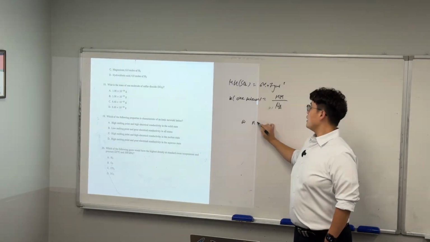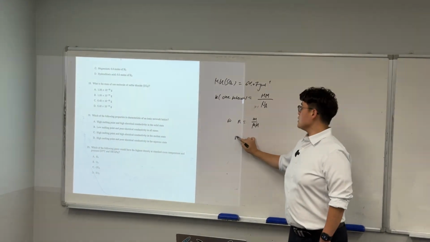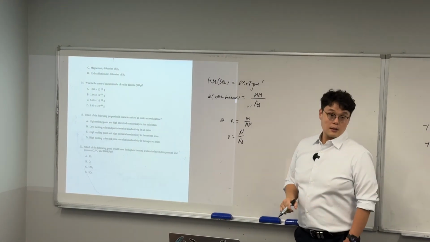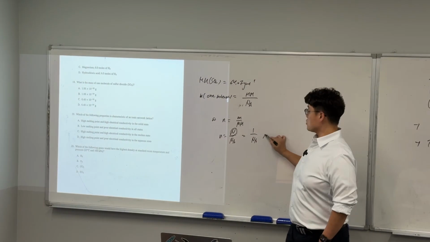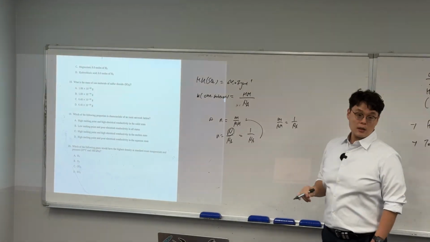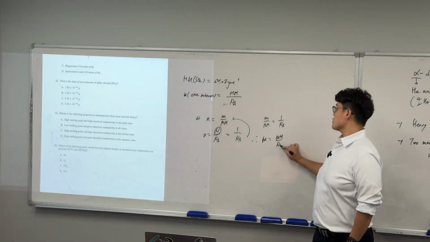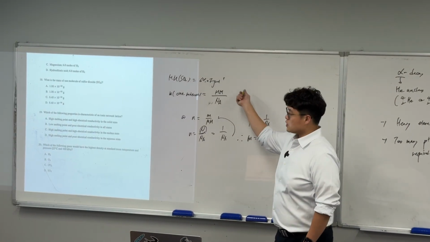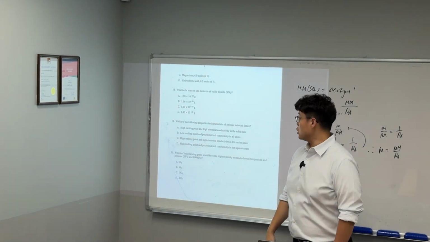As n equals m over molar mass, and n is also the number of molecules divided by Na, and we have 1 molecule, you can substitute the values. So m over molar mass is the same as 1 over Na. Therefore, m equals molar mass divided by Na. This is a proof using the formulas. But by just dividing by Avogadro's number, you get 1.06 times 10 to the power minus 22. Therefore, the answer is A.